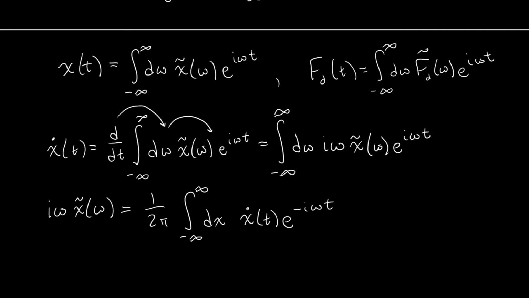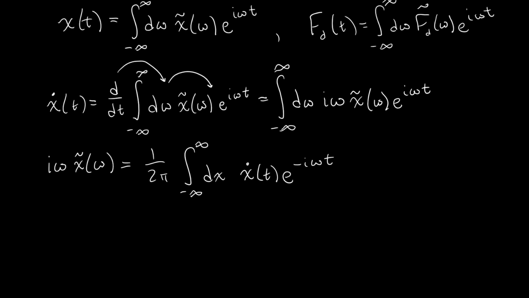You can also do it a different way, starting from here and then using integration by parts, or product rule, whatever you want to call it, and backtrack the same result out.